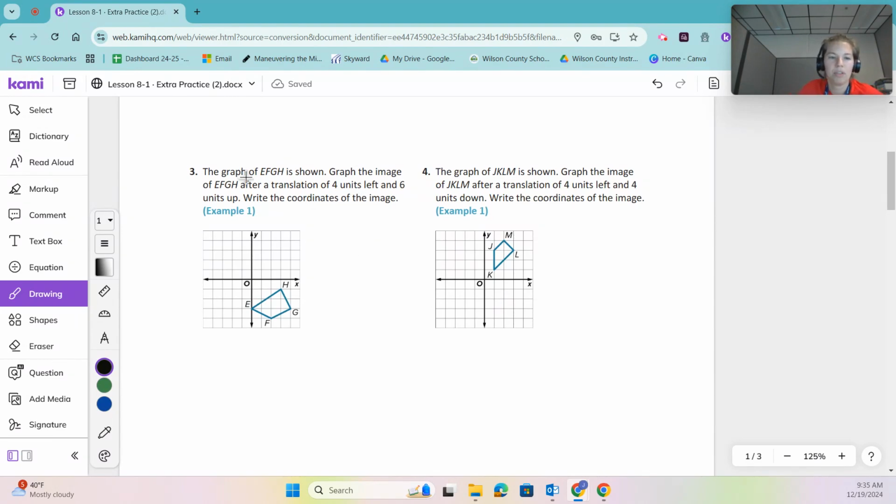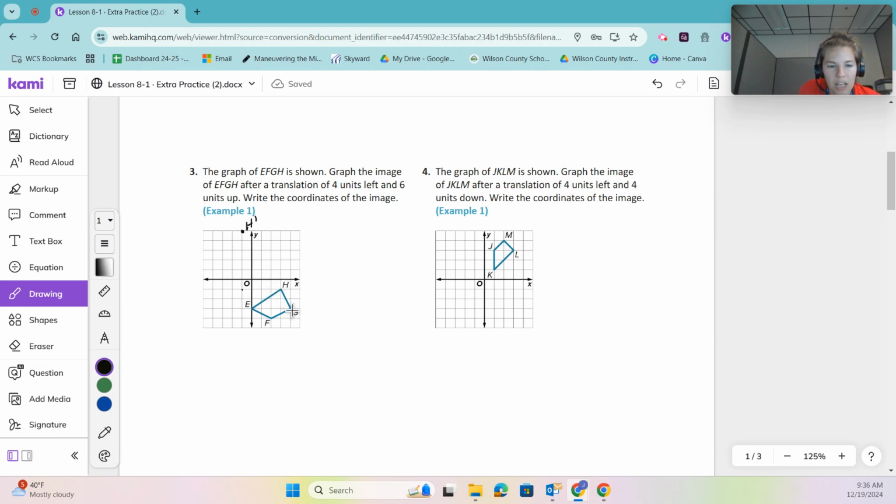Now in number 3, EFGH, graph the image after a translation of 4 units left and 6 units up. Again, we're going to do each point. 4 units left, so 1, 2, 3, 4, and 6 units up, 1, 2, 3, 4, 5, 6, all the way up here at the top. And this is H prime.